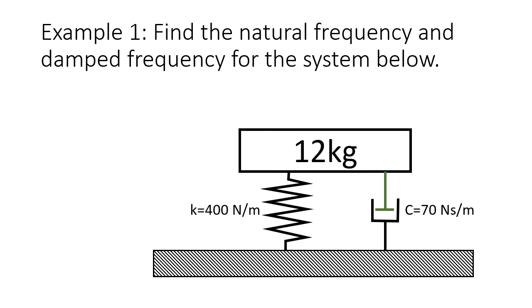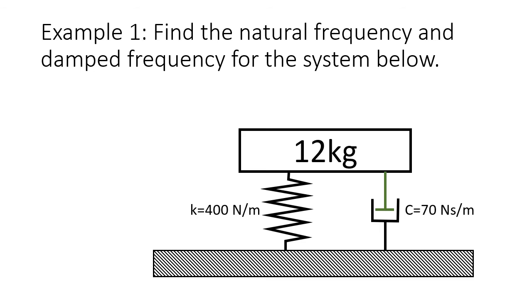I'm just going to go through 3 examples then, and here in our first example we have a suspension system, and we've been asked to find the natural frequency of the system and the damped frequency of the system. And what have we got?